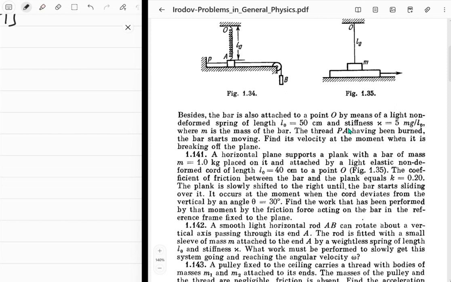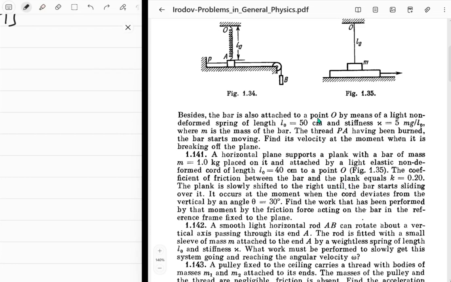So the cord deviates by some angle, right? Wait, if the cord deviates, then the height will decrease if it starts to deviate, right? So this cord actually is elastic, right?